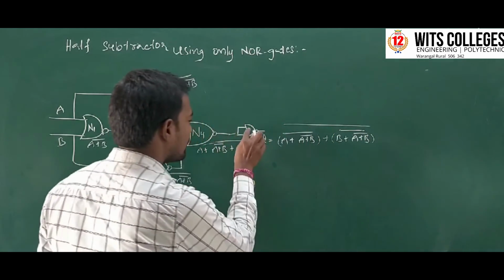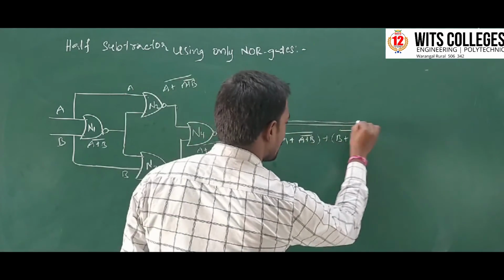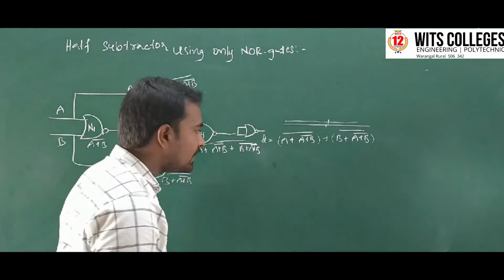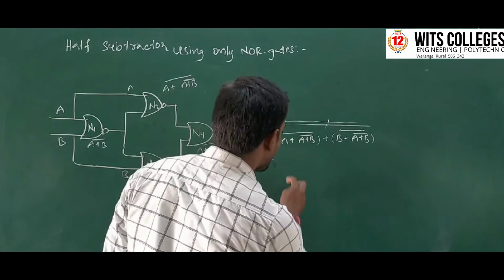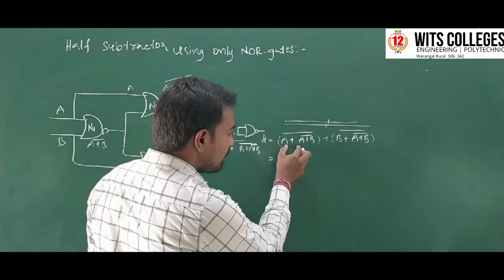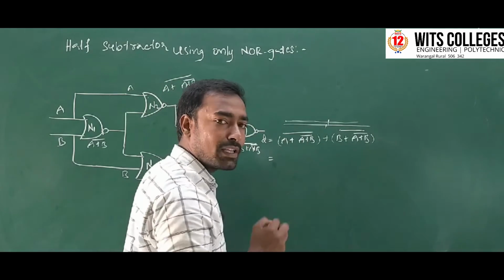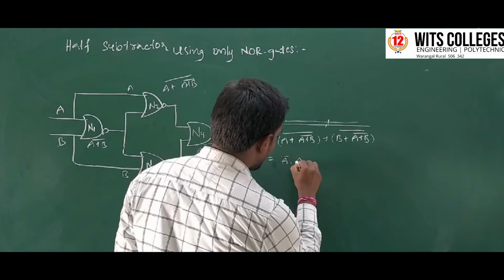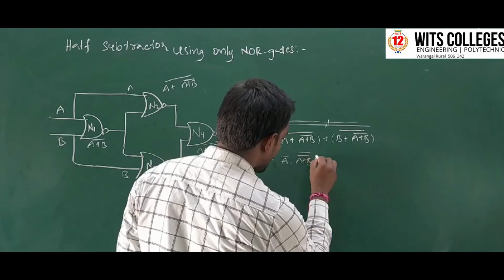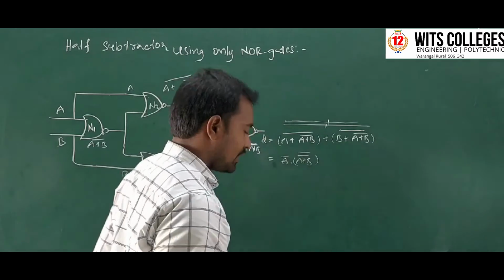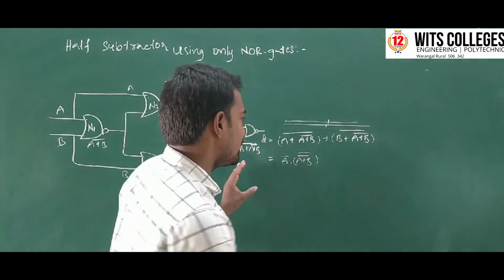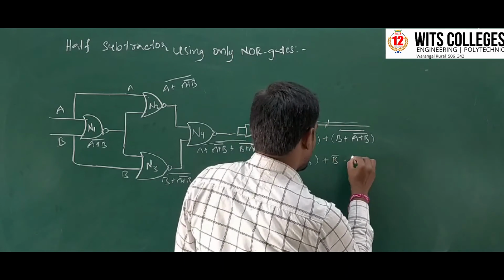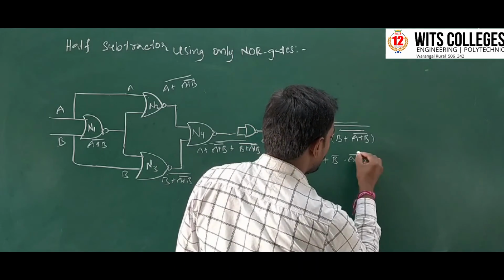Again the single input NOR gate gives the whole complement, and here both complements are cancelled, and this can be written as (A plus (A plus B) whole bar) whole complement, which is A bar into (A plus B) whole bar. So this is the equation we get by using Boolean expressions, plus B bar into (A plus B) whole bar.